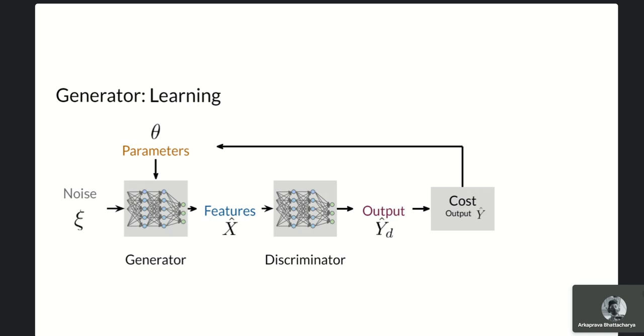But this time the cost function will be passed to the generator to update its weights, and this time only the generator will be updating its weights. As I told you, how good or bad your discriminator is, this feedback will be provided to the generator, and the generator will use this feedback to improve its learning parameters theta.